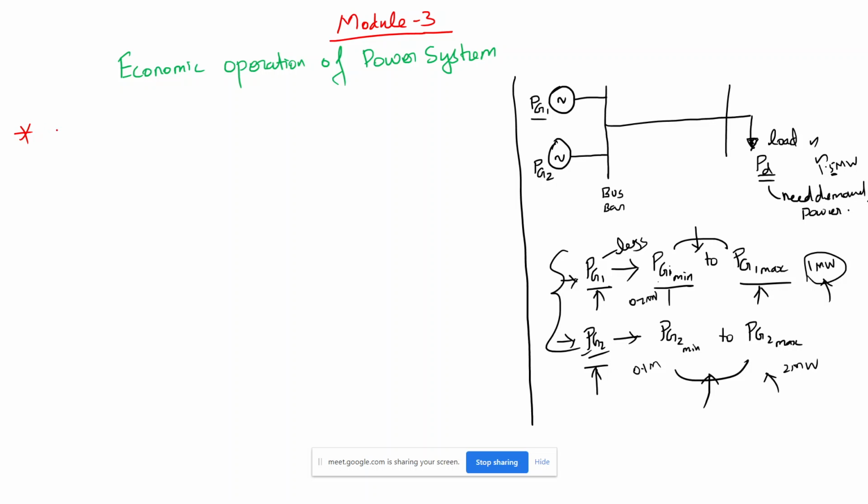The first thing we are going to understand is the input output curve.